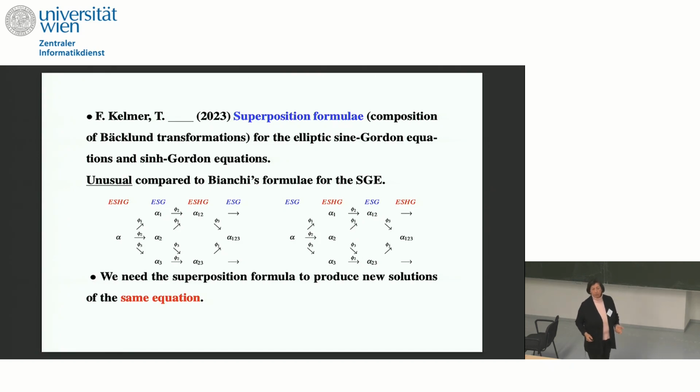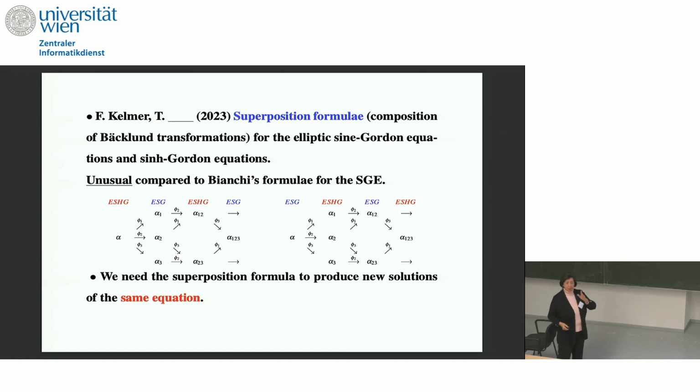But now this superposition formula is very strange because you start with an elliptic sinh-Gordon, you integrate, you find solutions of the elliptic sine-Gordon. And then you apply again the Bäcklund transformation and you find elliptic sinh-Gordon and so on. So you have to use them twice in order to obtain solutions of the same equation. And similarly on this side, you start with the elliptic sine-Gordon, then elliptic sinh-Gordon, sine-Gordon, sinh-Gordon, and you go on with this scheme.